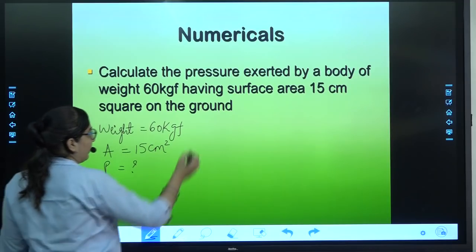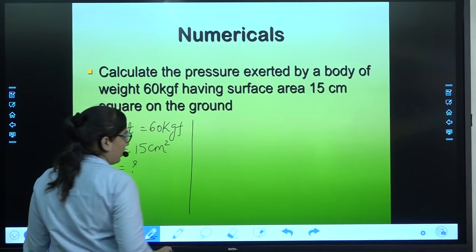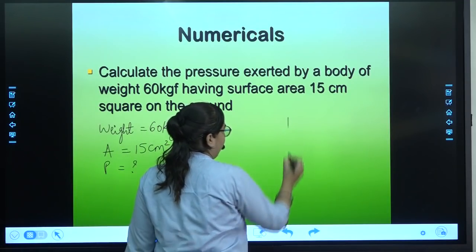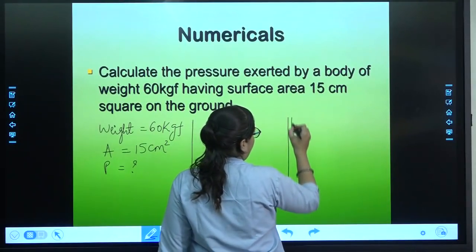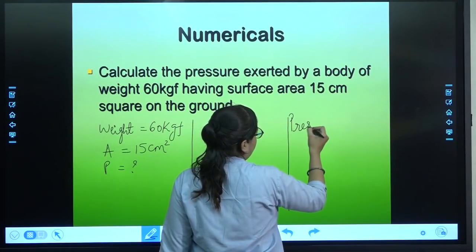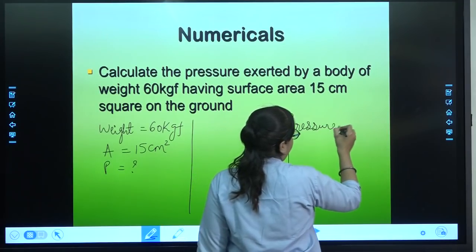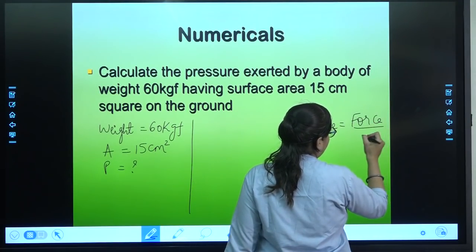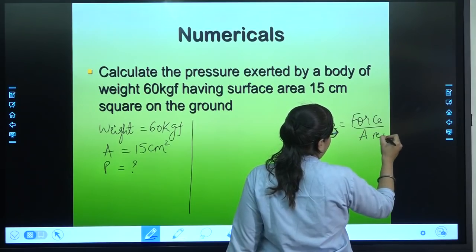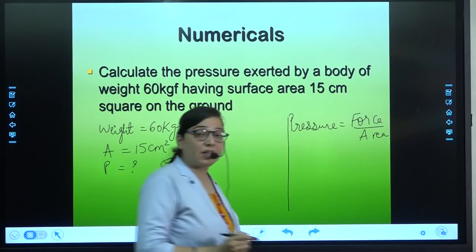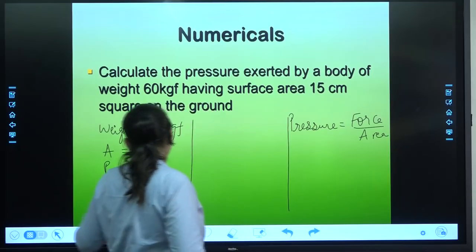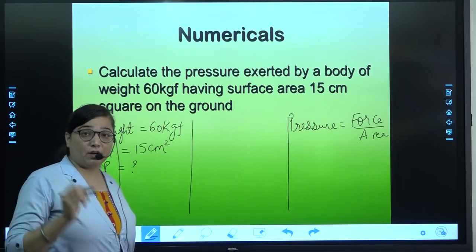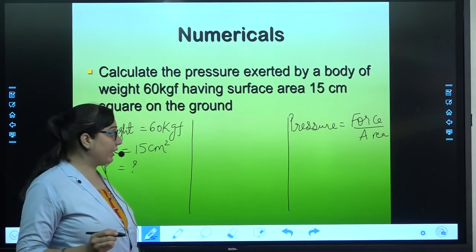For calculating pressure, we know that pressure is equal to force upon area. If we have force and if we have area, pressure will be the known quantity.